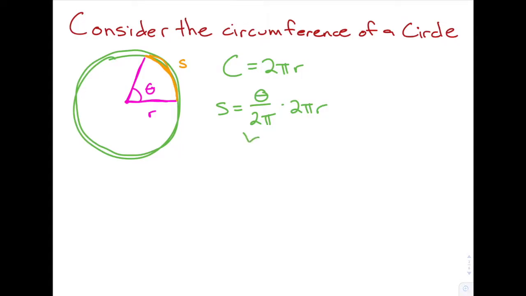So this is the fractional amount we've gone around through our radians here, and then this would be the circumference of the circle. So you can think of it like this: we're taking a fractional amount and multiplying it by the circumference. So the 2 pi's will cancel out, and we're left with s equals theta times r. Typically, this is written r theta.